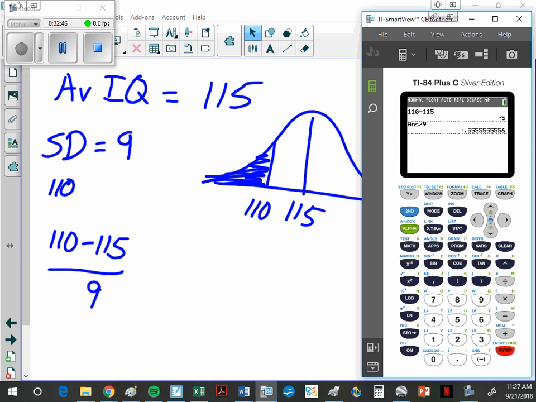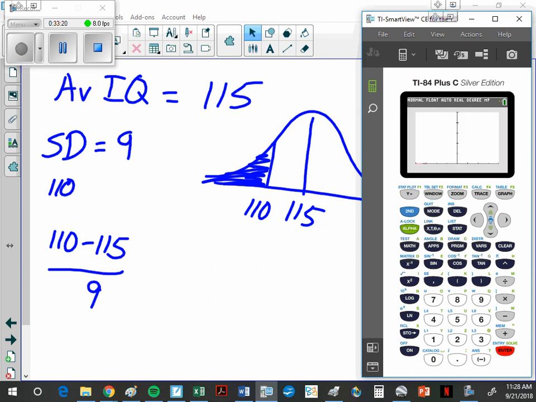So how do I find my percentile? Shade norm. Let me clear out my graph first. Then I go to zoom recall, and then shade norm. It works for you now, you know what you're doing. I'm going to shade from negative infinity to negative 0.555, comma 0, comma 1.